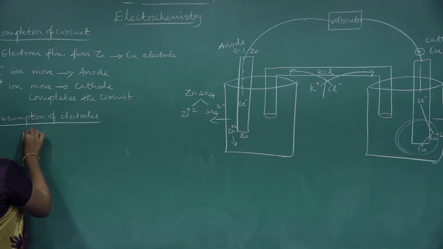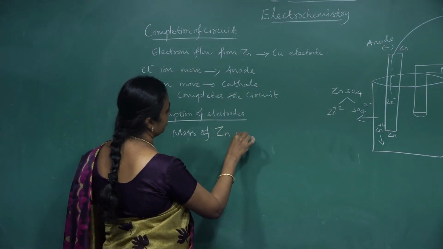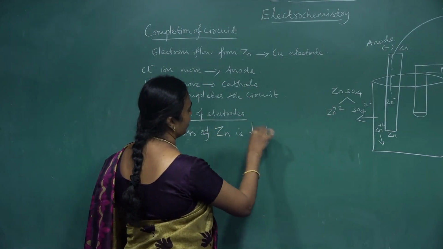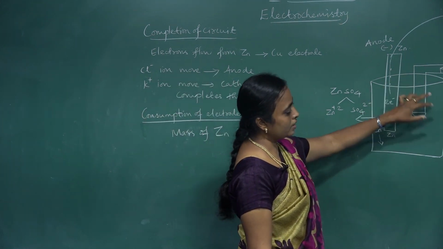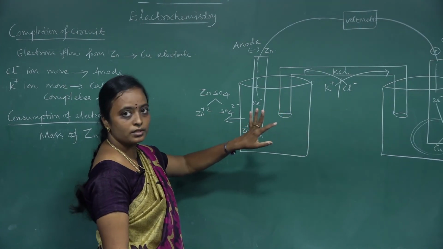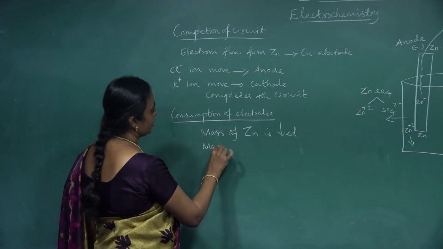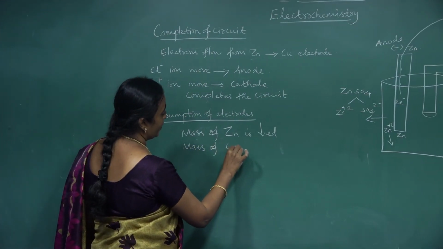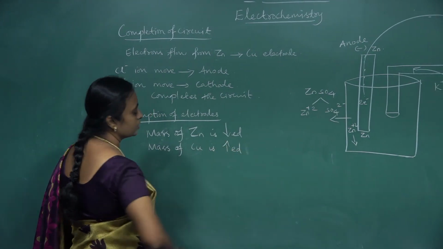Okay, so mass of zinc is decreased. Okay, in the same way, the two electrons pass through the another compartment, and the copper will be what? Will be reduced. So here the mass of the copper will be increased, because the copper will be deposited. So the mass of the copper will be increased.